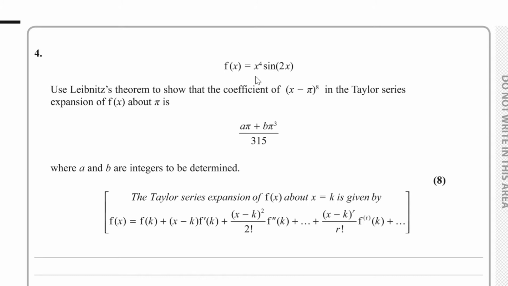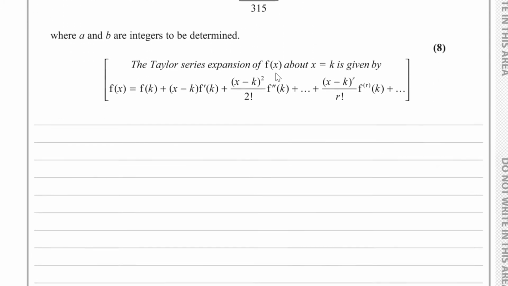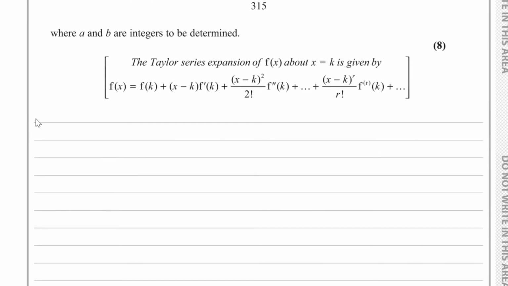Before we do anything else, it might be a good idea to work out what u and v are. U equals x to the power of 4, and v equals the sine of 2x.